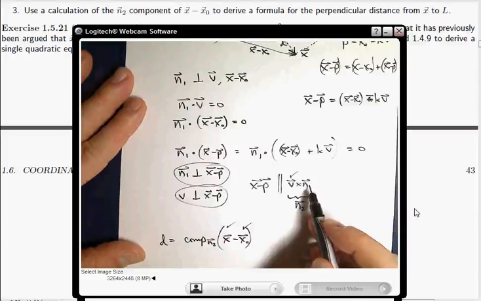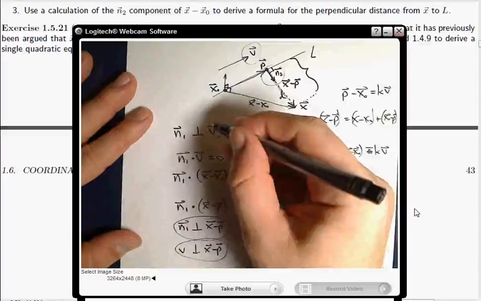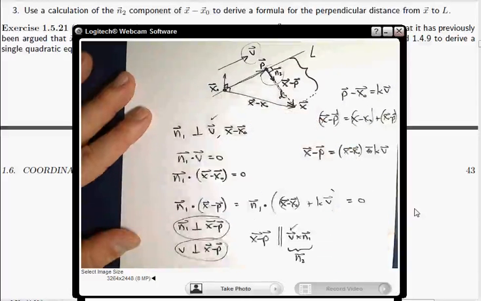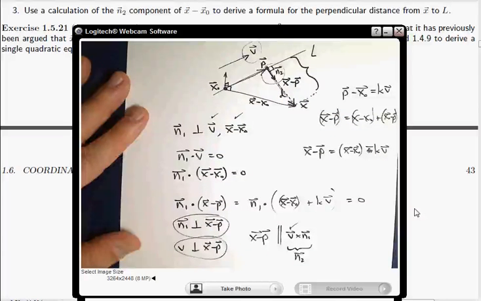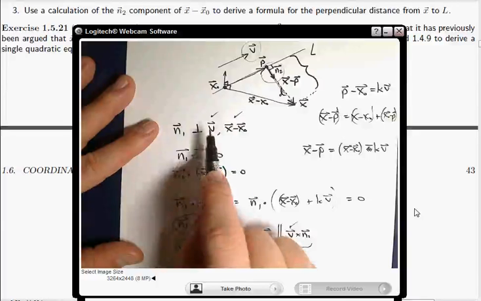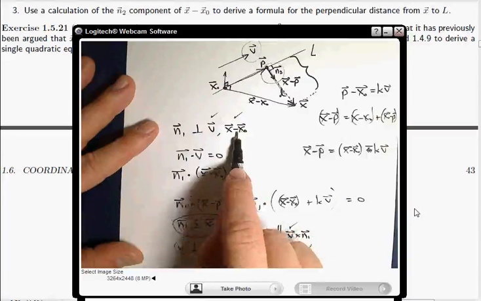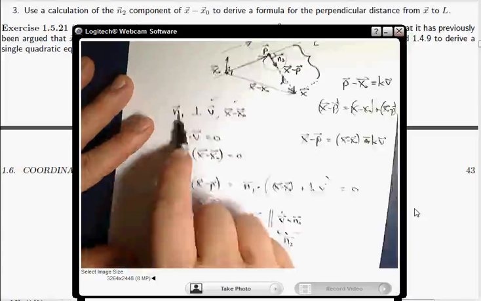Where did n1 come from? n1 was the cross product of v, which is known, and x minus x naught, which is also known, since x is known and x naught is known. You can compute their cross product to get n1.